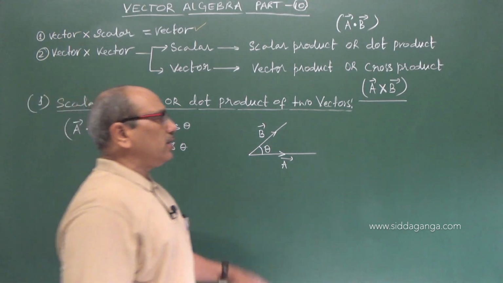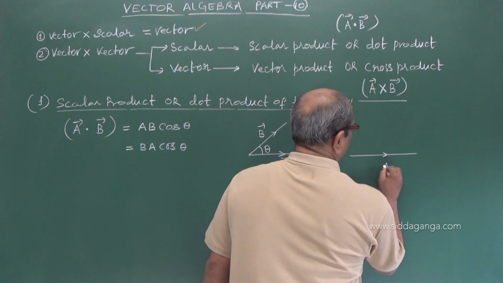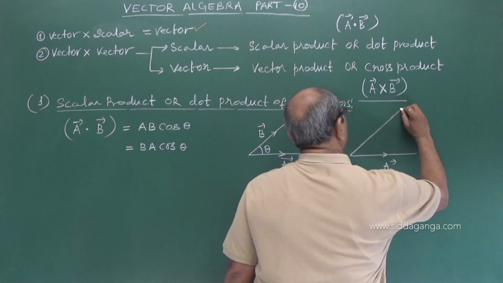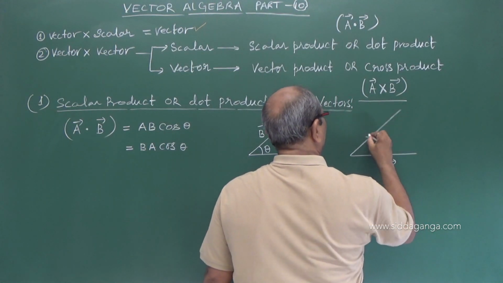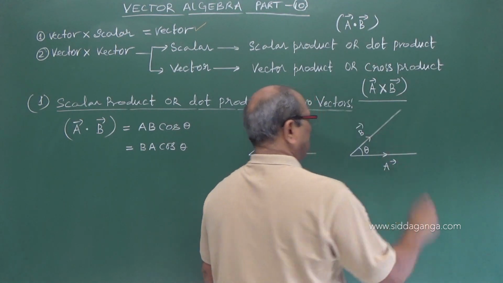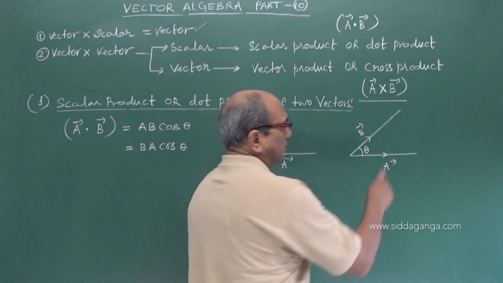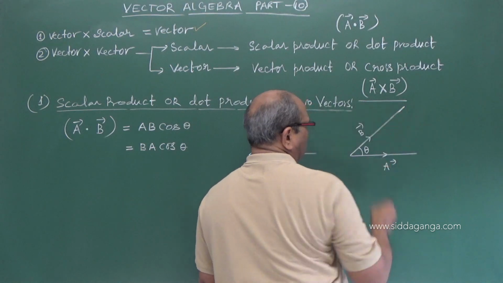Please listen. Let us see how this arises. This is vector A and this may be vector B, and theta is the angle between them. So AB cos theta, how does the product really arise?